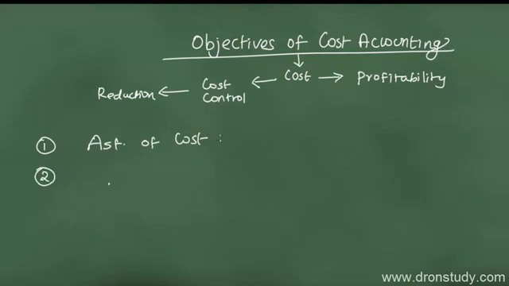The second one is determining the selling price. The cost accounting would help to determine the selling price, because selling prices are influenced by internal and external factors. However, the selling price cannot be and should not be below the cost. So for that purpose, you should know your cost.